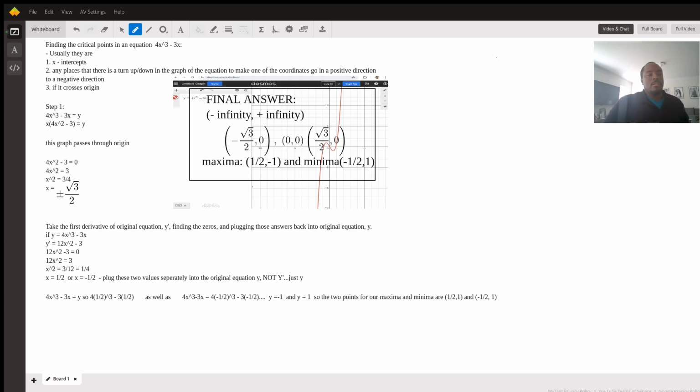All right. So to do this, we start with the first step, which we've already done for us: setting it equal to 0. Looking at the first step, we try to factor out any x's, if you just have it set equal to y, and that results in x times 4x squared minus 3 equals y.